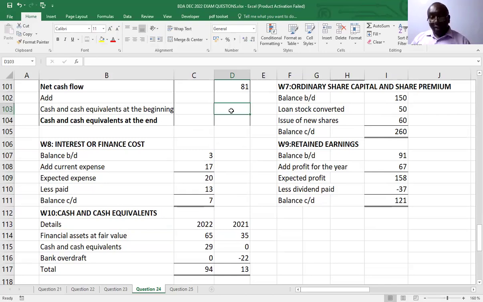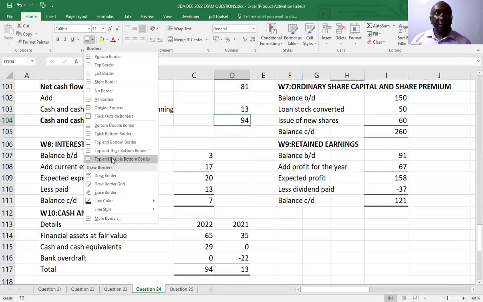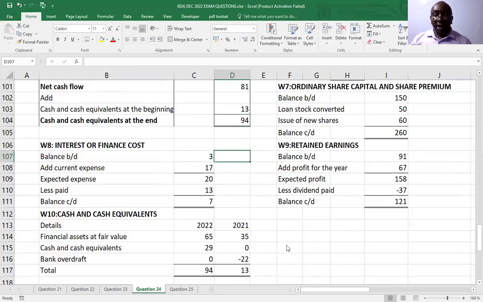So the opening ni hii, this one. So when we add, I should now say this 81 plus this 13. And this one I give it, and they should balance. This 94 should agree with this one.